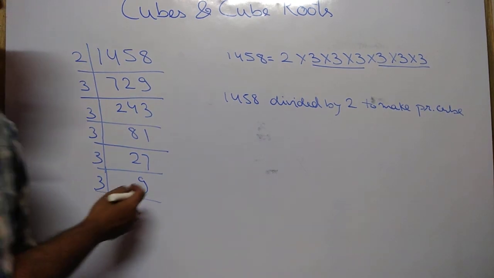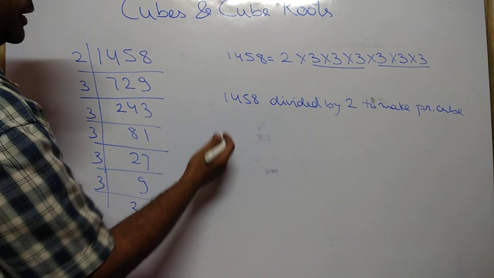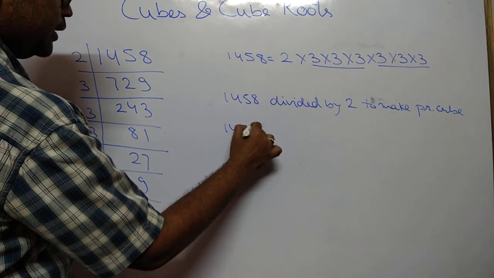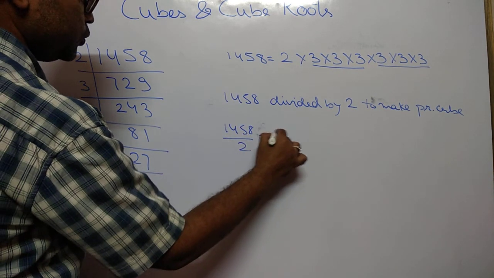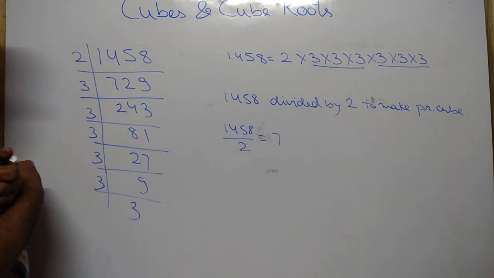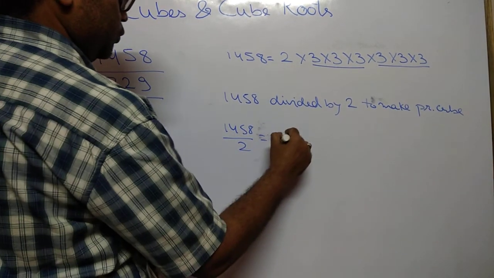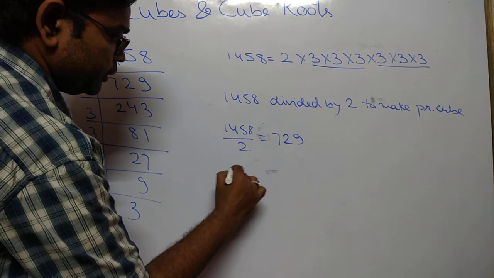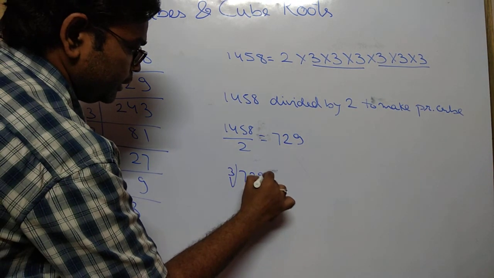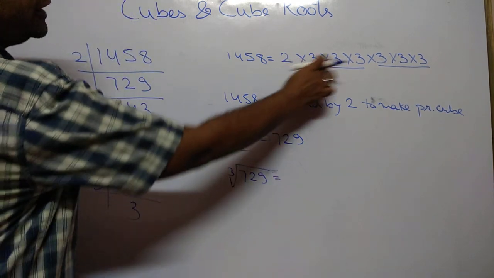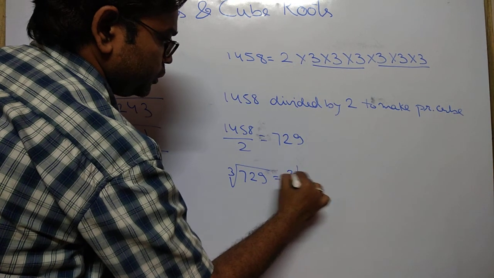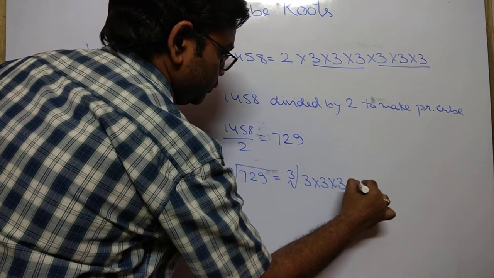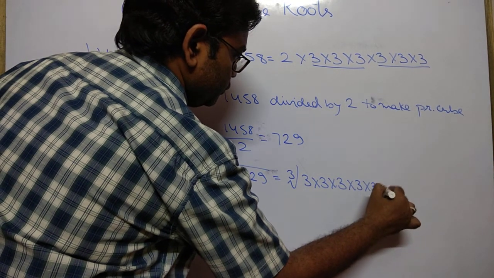So what is the quotient? Whenever you divide 1458 by 2, you get 729. And what is the cube root of 729? The cube root of 3 into 3 into 3 into 3 into 3 into 3.